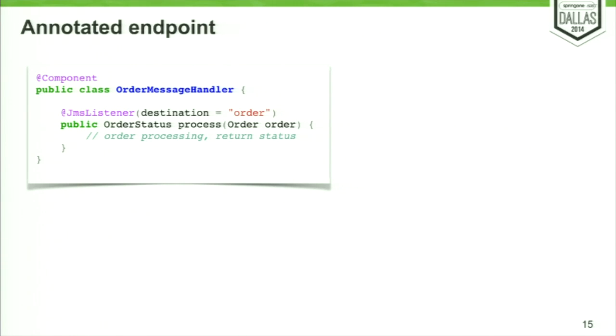So right now I'm just defining the destination that that method should listen to. And that's about it. What's missing here is the value of what we call a container factory. We've introduced a concept called JmsListenerContainerFactory, which is the component that is responsible to create the message listener container.